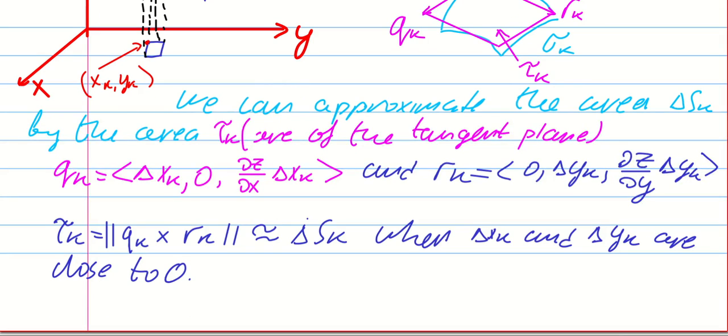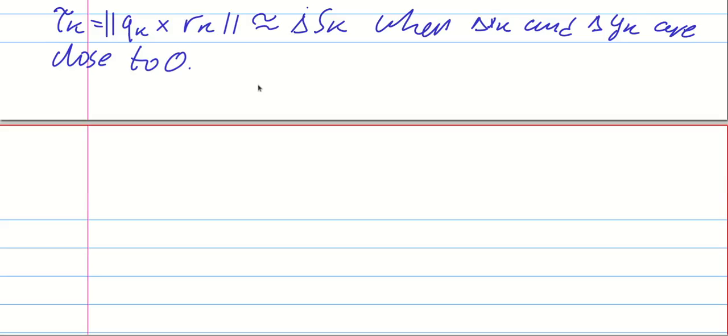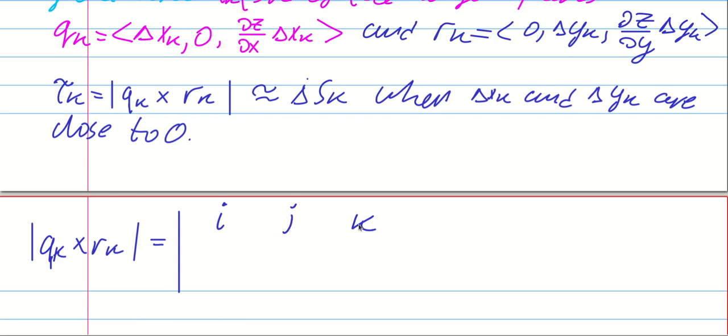So let's compute this cross product of q sub k and r sub k. So q sub k cross r sub k is equal to the determinant with i, j, and k.